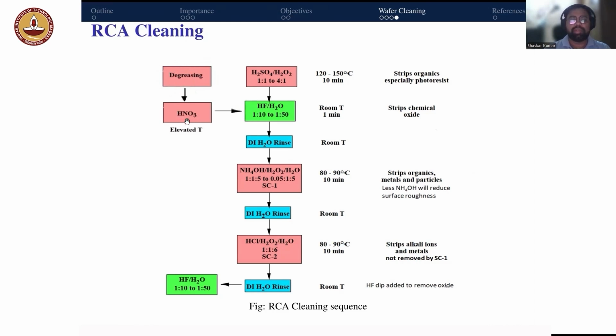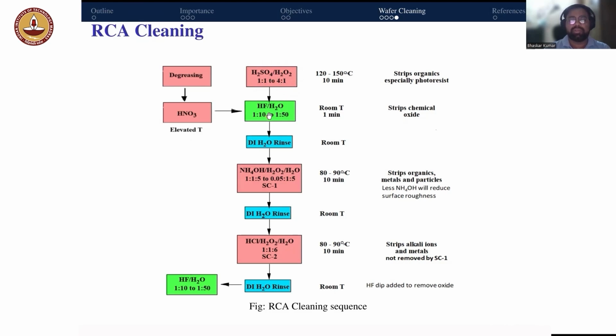That is, we dip the sample in HNO3 at a slightly elevated temperature, which may be around 35 to 40 degrees Celsius. And then we do a dilute HF treatment of the wafer. Apart from that, if the surface is visibly contaminated and there is hardened photoresist or something, then we do piranha, which is a sulfuric peroxide mixture. We can also do that in those cases of degreasing.